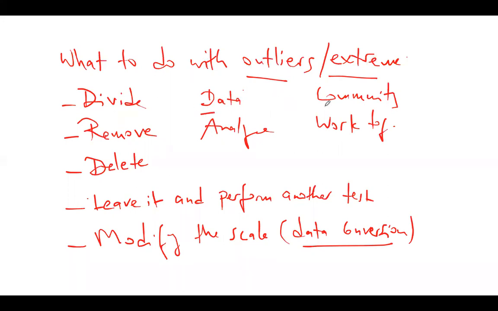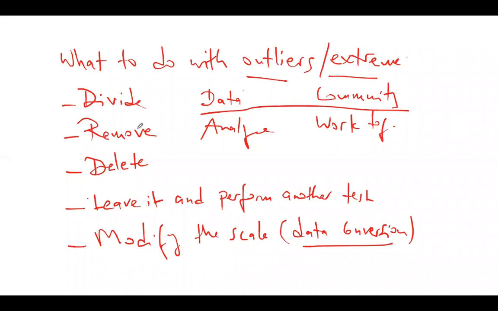But what do you do if some of your peers, some of your friends in this class here, for example, Hamza, is an extreme value? You divide the class into, for example, boys and girls, leftist political views, right political views, believers, non-believers. Do you divide the class? No, you don't. That's not a good option.